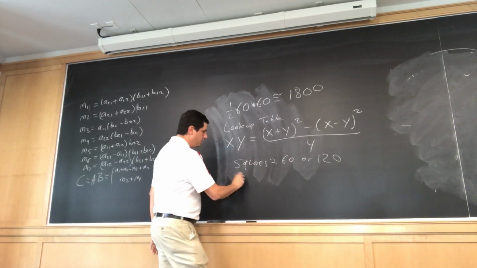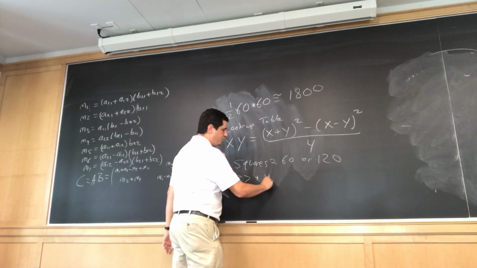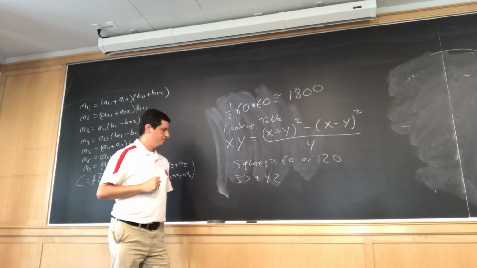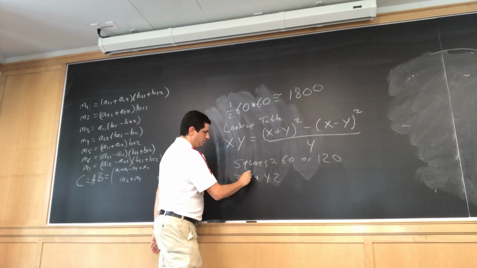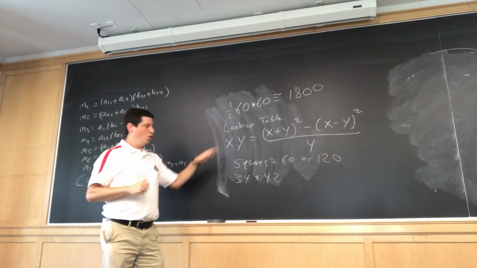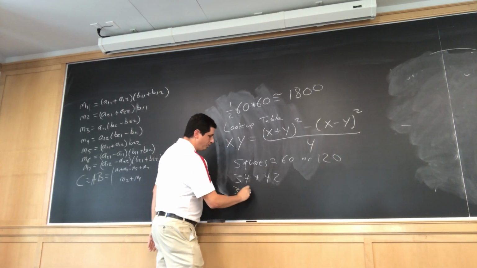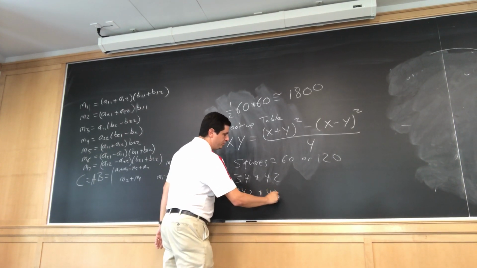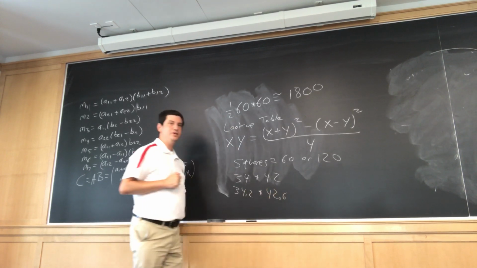Now, if I gave you 37 times 42, let's do 34. We could figure this out because we would have this on our table. What if I gave you 34.2 times 42.6? How might you do this?